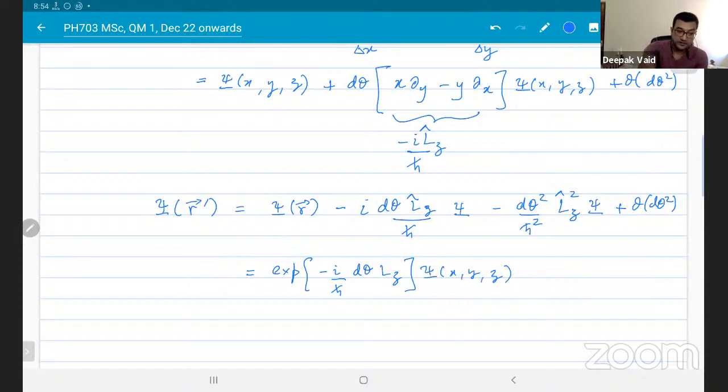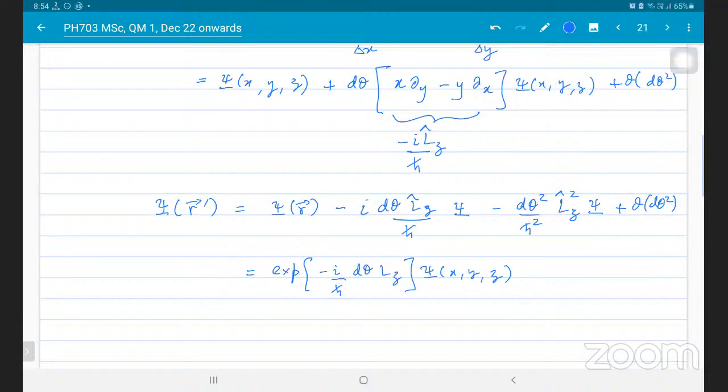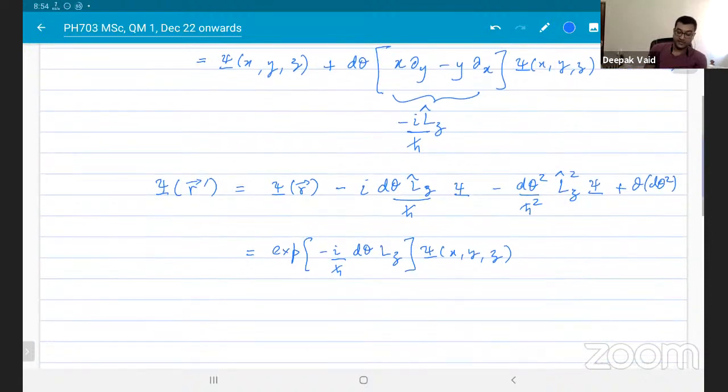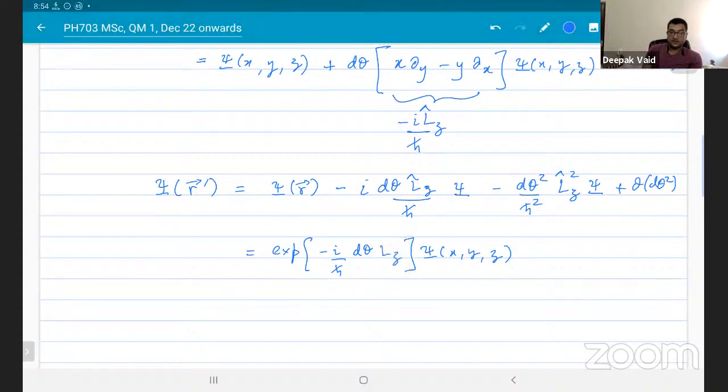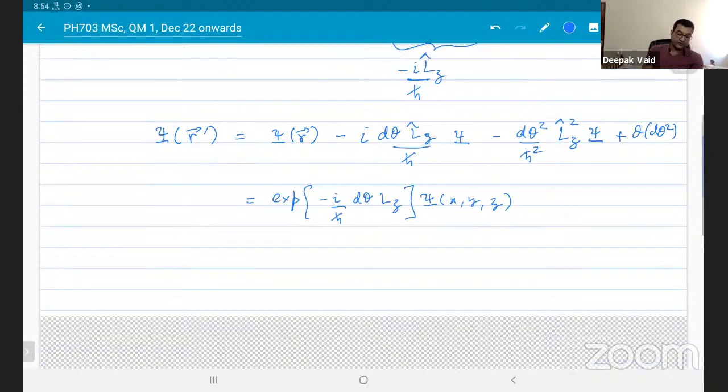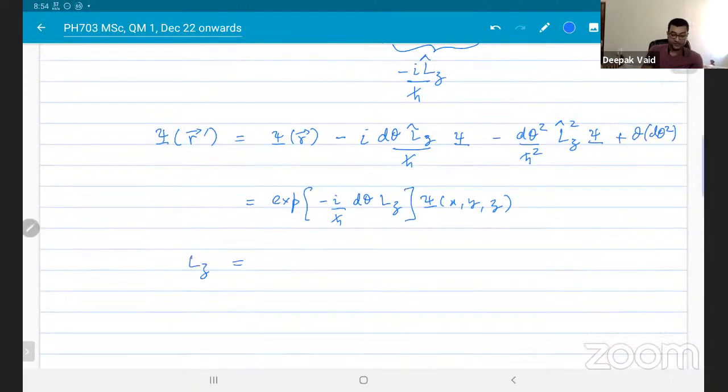Okay. So what is the meaning of this Lz now? What is Lz doing? It is the generator of rotation.